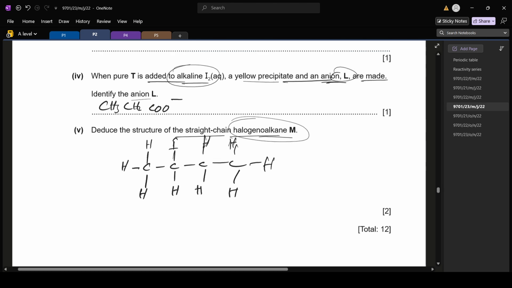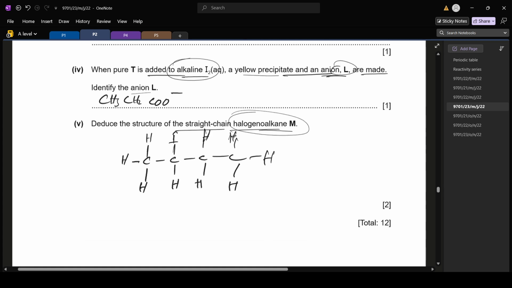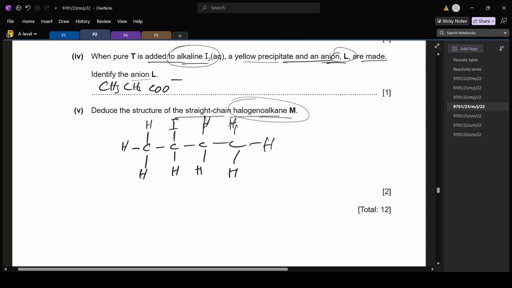And M has an iodine. The carbon which has the iodine also has a methyl attached. That's why this shows a positive test with alkaline iodine and forms a yellow precipitate. And the remaining part will give you the carboxylic acid.